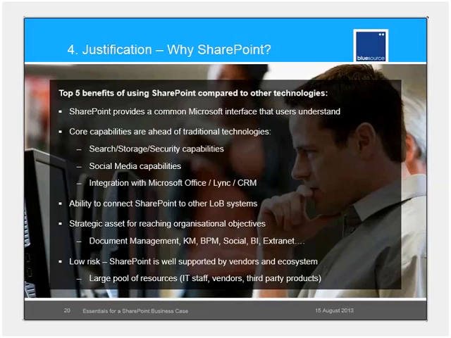So there's that ecosystem that's sharing all of that information so that it's easy to maintain and manage your SharePoint system. There's also a large pool of resources, so as I said, vendors, IT staff, but a lot of third-party products or a lot of other systems now have modules that will integrate with SharePoint because it's such a widely used system in the enterprise.